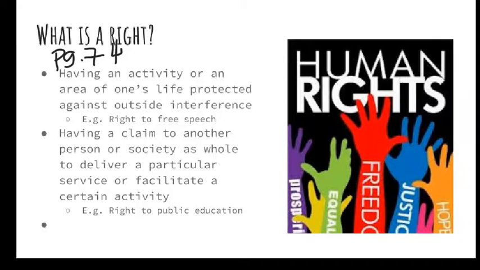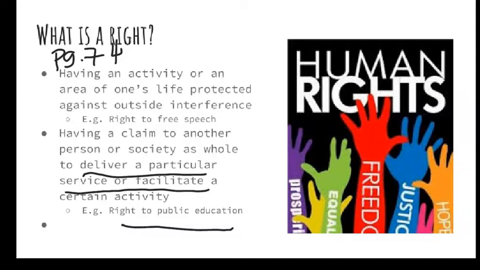Another aspect of rights is having a claim to another person or society as a whole to deliver a particular service or facilitate an activity. So for example, the right to a public education. That means that the government has to provide this service for you, or even the right to vote.